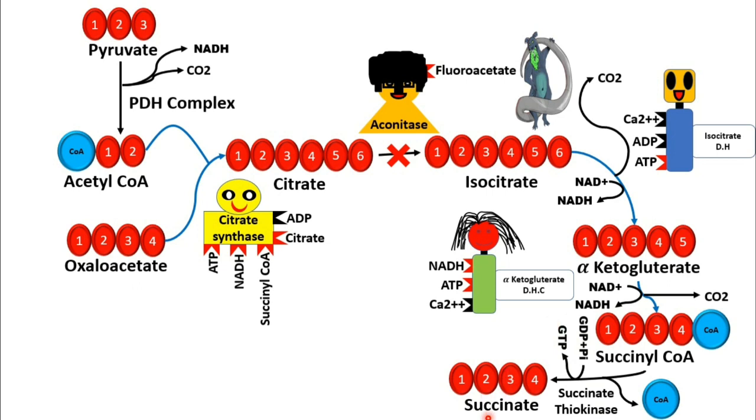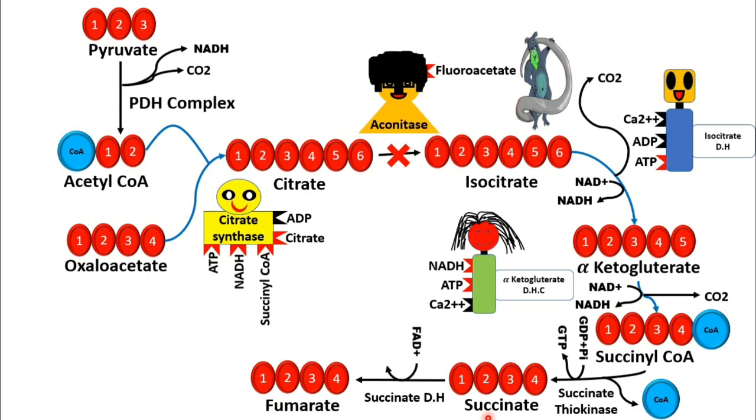Then succinate will be converted to fumarate by the enzyme that is called succinate dehydrogenase. But here we're not going to reduce NAD, we are going to reduce FAD to FADH2.